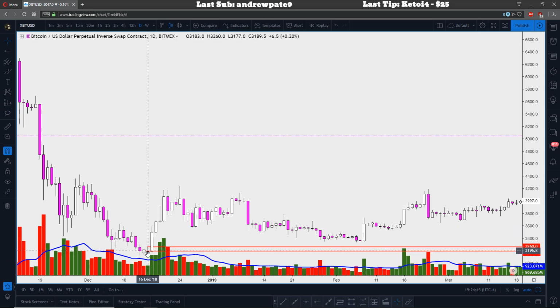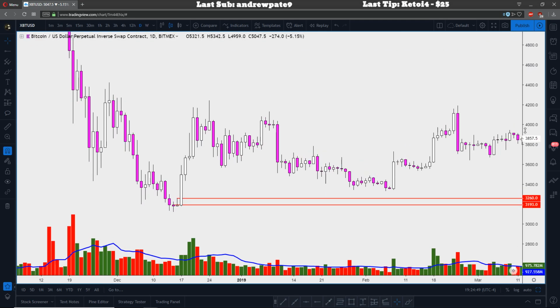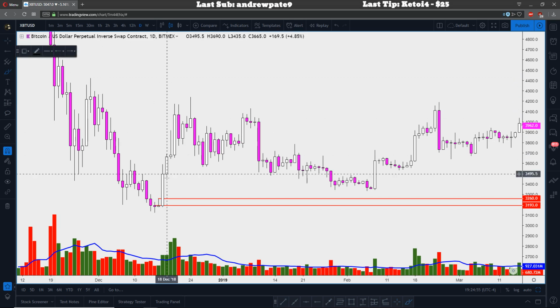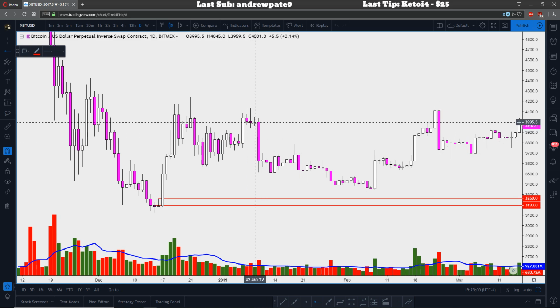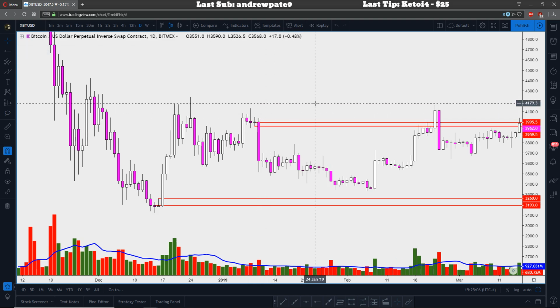You take the last form of resistance. Let me zoom into this to make it easier. Before the impulse move up, or the last form of support before your impulse move down.